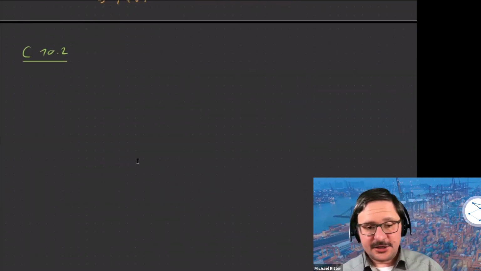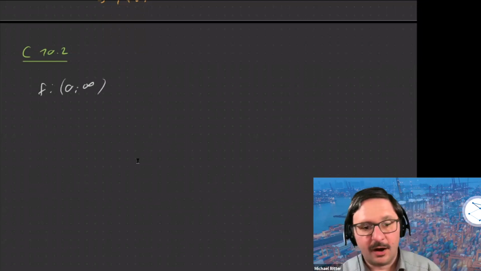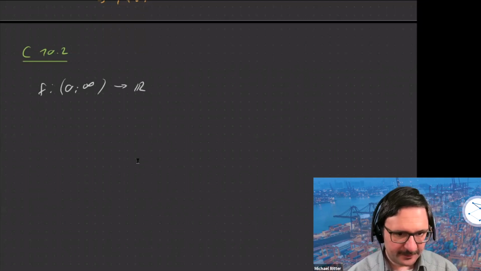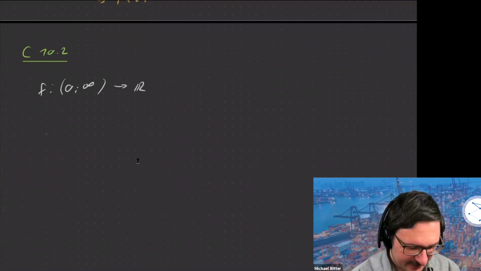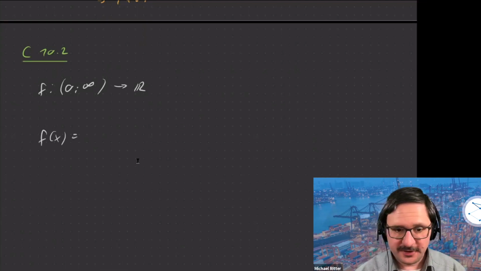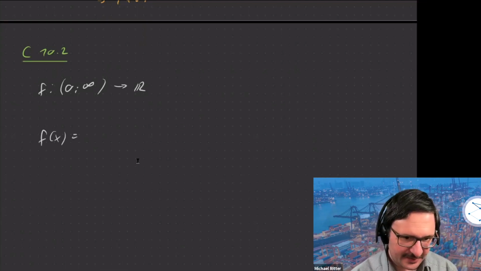In 10.2, we have a function f, which is defined on the interval from 0 to infinity, so all positive numbers, and maps to R. And the definition is piecewise. So we have 3 different cases here, specifically.